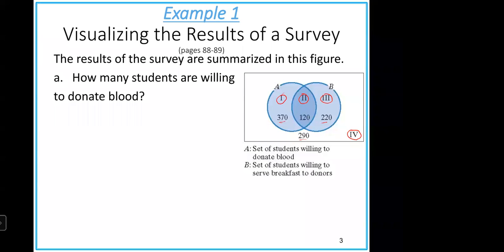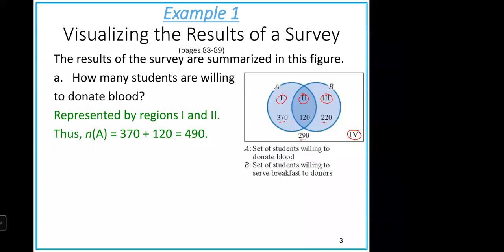Okay. So set A, it says how many students are willing to donate blood. So the circle that represents persons donating blood would be circle A. So basically then we are looking at the entire contents of A. If you look at A, and this is set out in your book on page 88 going to 89, the entire A would include the 370 and the 120.